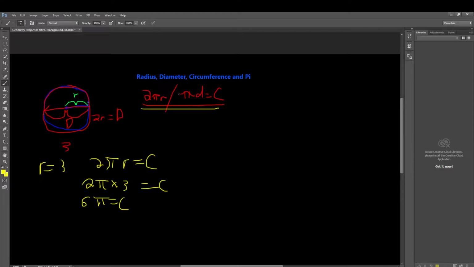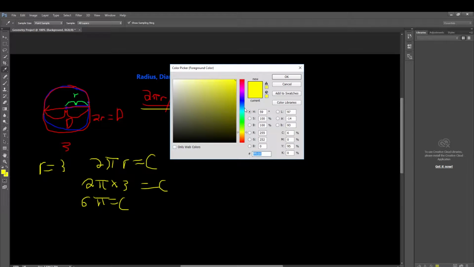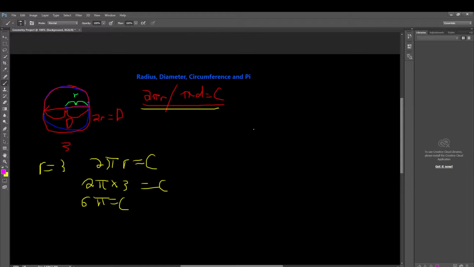Now, some of you are going to be asking, what is pi? Pi is basically the ratio of the circle. It's used to determine all that sort of thing with the radius, circumference, and diameter. So there's a ratio between circumference and diameter, and that ratio should equal pi.